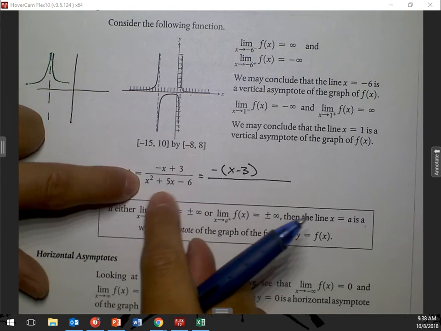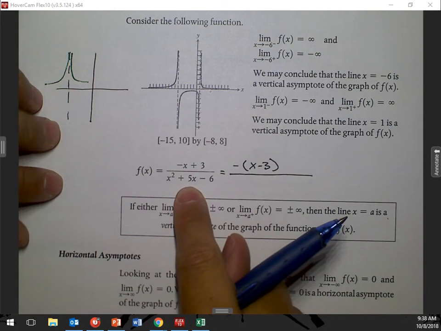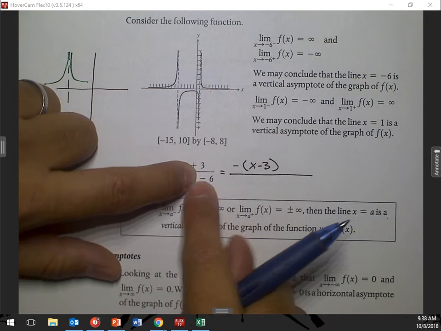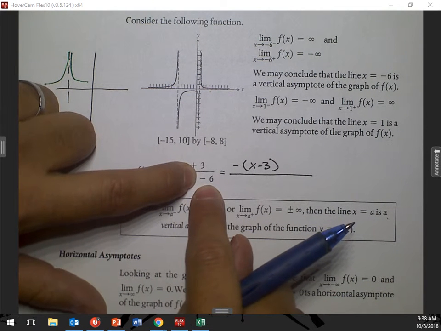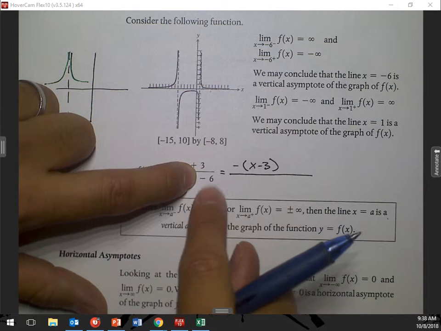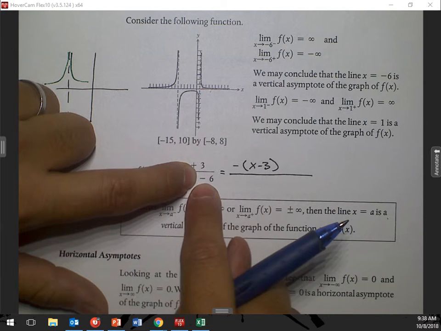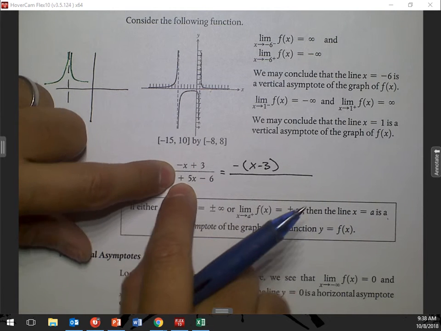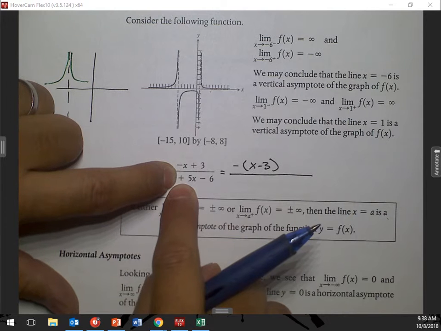Now, can I factor the denominator? Remember, this is a negative, so that means my two factors have different signs. When I multiply together, they have to have different signs. This plus right here says that the bigger one is positive.